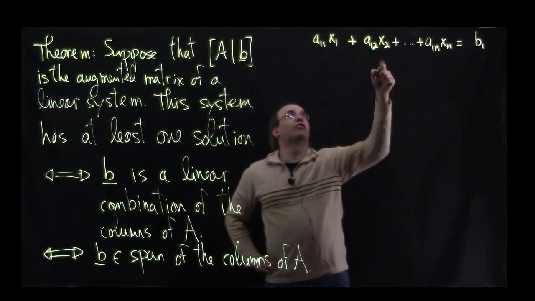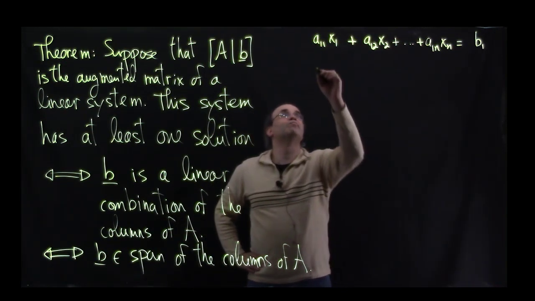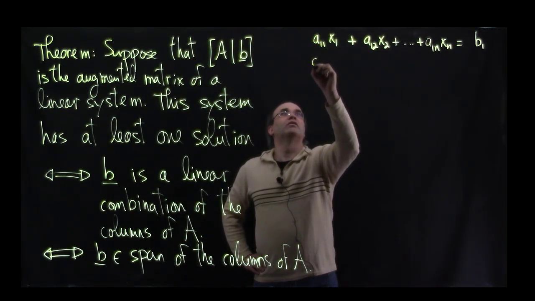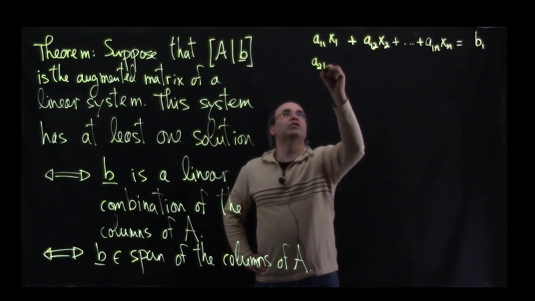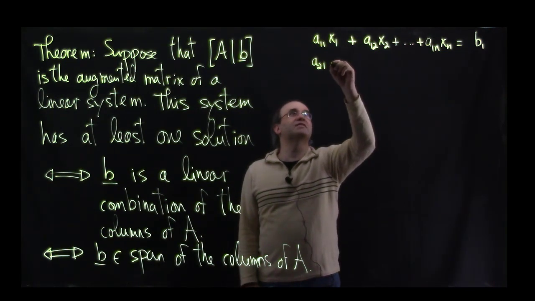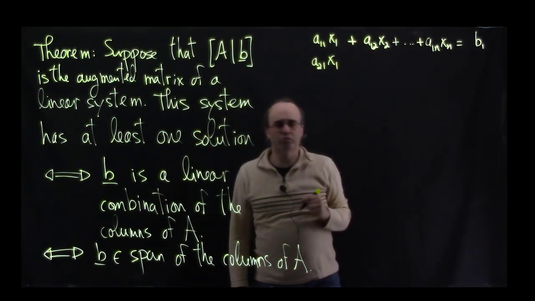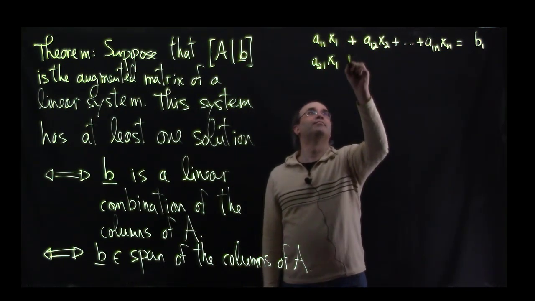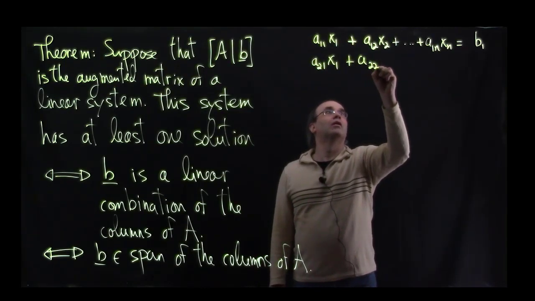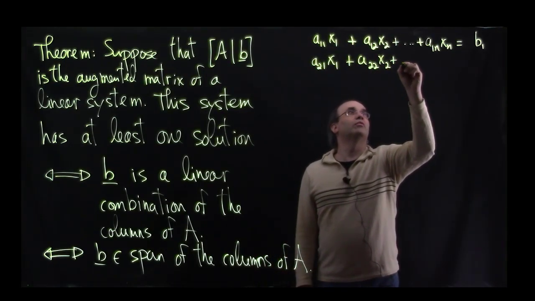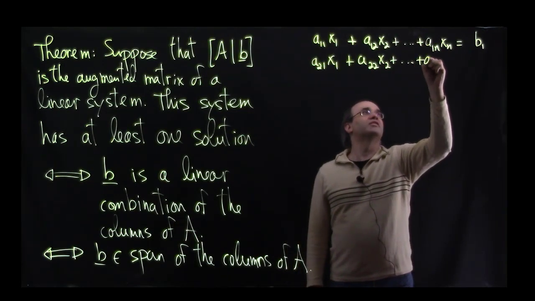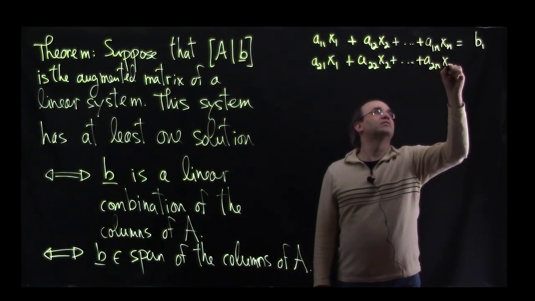If we're on the first row, then the first index is a 1. For the second row, the first index should be a 2. So I'll rewrite the same thing as on the first row, but replace the first index by 2. And this way, the second equation of the system is this equation.